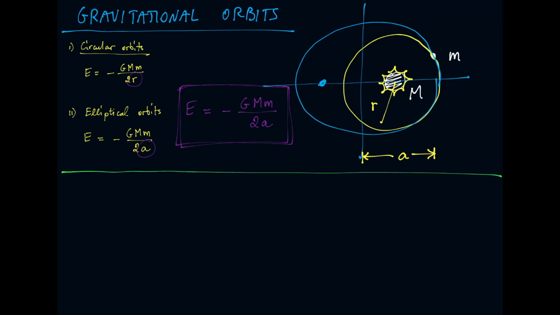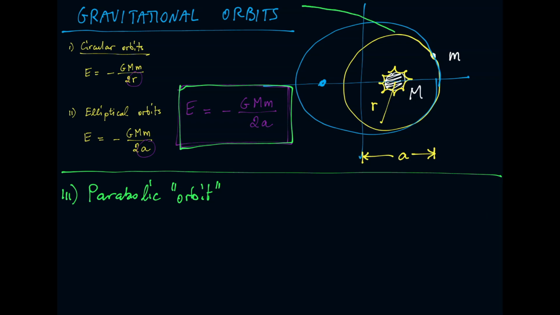But it turns out that if you do the calculations, this very expression holds as the energy for these solutions, even in the following cases of parabolic orbit, with orbit maybe used a little loosely, namely an orbit where the object moves something like this, where this shape is a parabola.